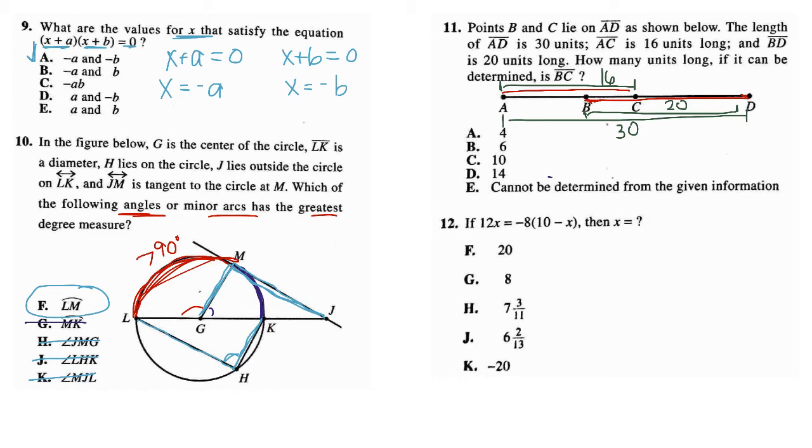Well, let's see, we know the whole thing is 30. We know from B to D is 20. And we could look at the difference of those two and know that from A to B, well, if all of that's 30 and B to D is 20, so A to B would have to be 10, right?